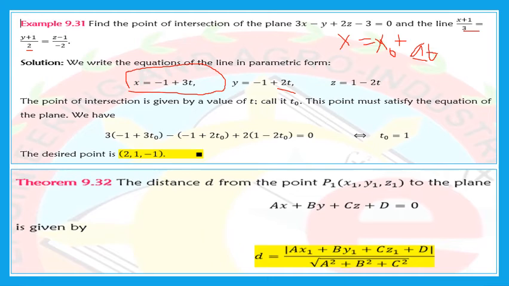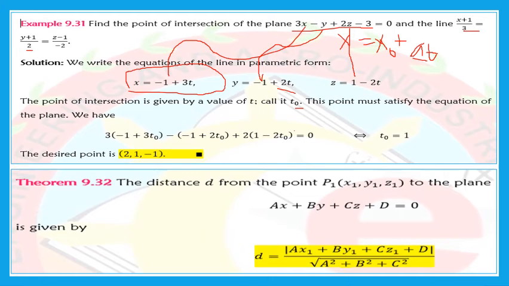The point of intersection is given by a value of t. So let t equal t sub o. This point satisfies the equation of the plane. This is the equation of our plane, so we replace x by this one, y by negative 1 plus 2t, and z by 1 minus 2t.